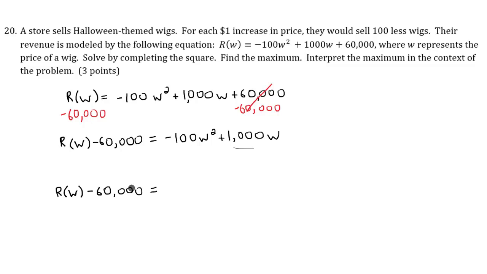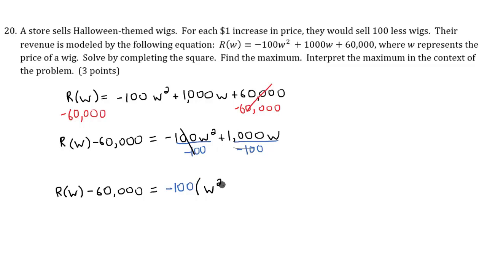I keep everything the same over here, but now I want to divide out a negative 100 from that term and also this term. So my negative 100 comes out in front, and then I'm going to write all my leftovers over here. So that goes away.